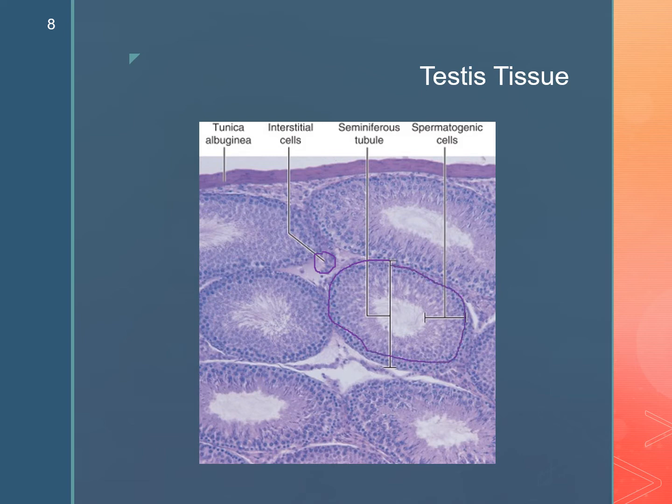But this is a cross section of that seminiferous tubule, and you see these little dots or sperms that are at their different stages of development, and then they migrate towards the center of this seminiferous tubule, and that's how they journey through the testicle and then eventually end up in the epididymis.